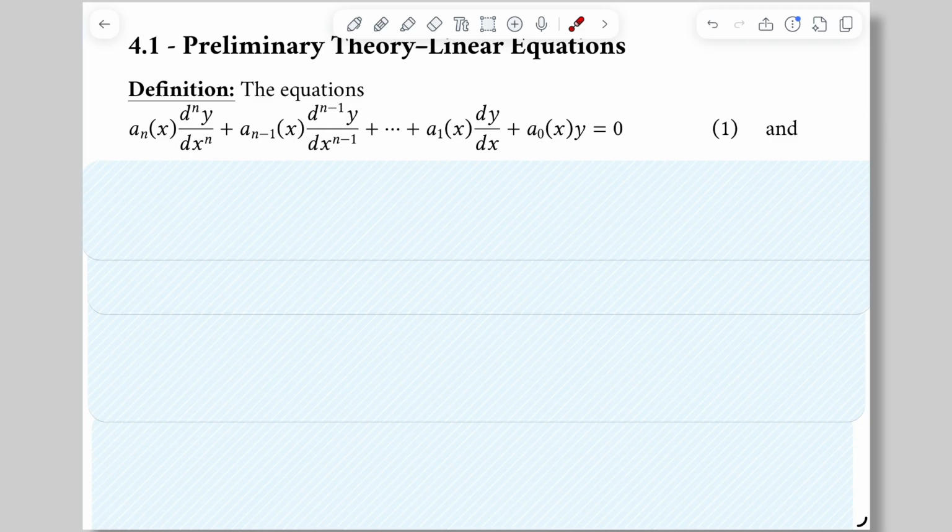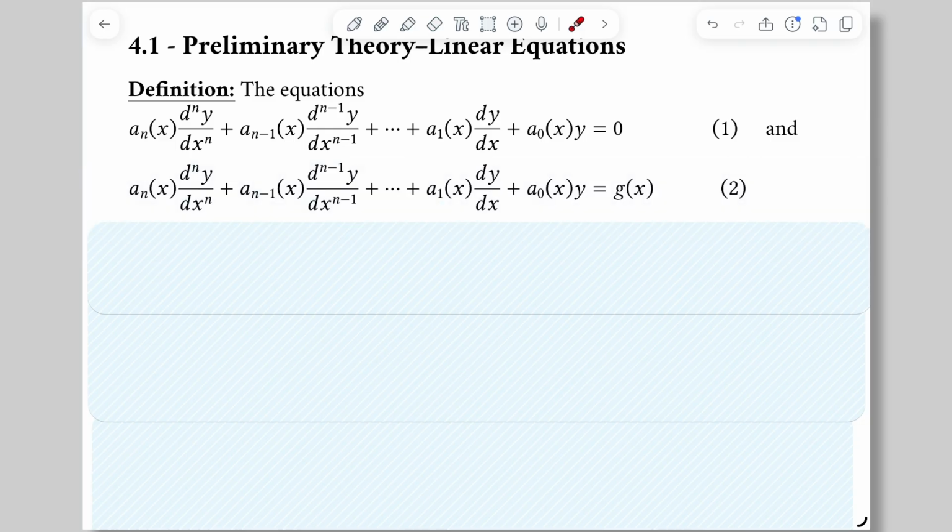That's one form of equation that we're going to be looking at in this portion of the course. Another form looks the same on the left, where we have coefficient functions of x. But on the right-hand side, we have a function g of x. An important distinguishing factor in this chapter is whether the right-hand side is equal to 0 or equal to something that's not 0.